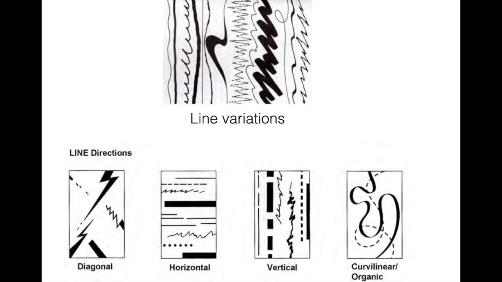For horizontal lines, we can think about them being calming. Think of oceans or landscapes. Vertical lines tend to be more energetic as well. I can think about cityscapes, right? A lot going on. And then curvilinear or organic shaped lines are more fluid and free-flowing, so they don't really follow the other rules. They can be calming or they can be energetic. They're a little more open-ended.